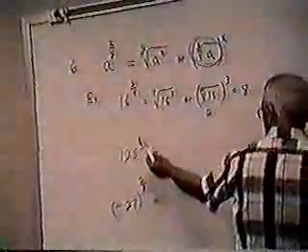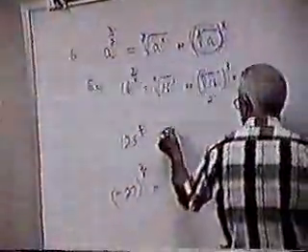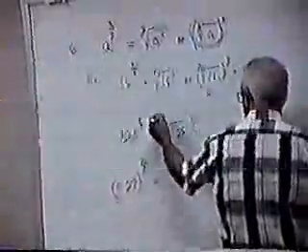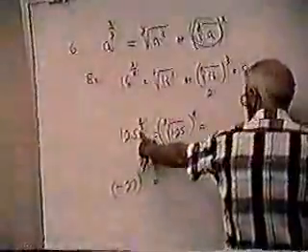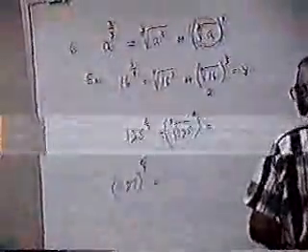All right, let's do the next example. 125 to the 4/3 power. What that means is the cube root of 125, all that raised to the 4th power. In other words, do the denominator, the root of the number, first, and then raise it to that power.